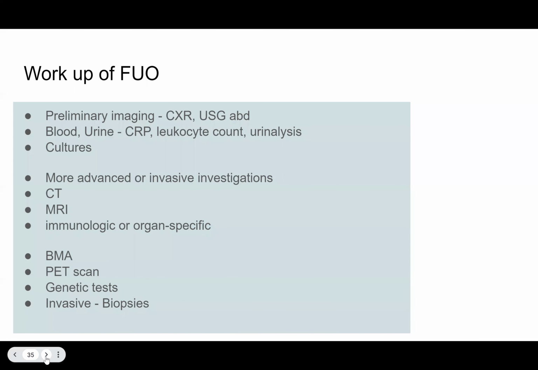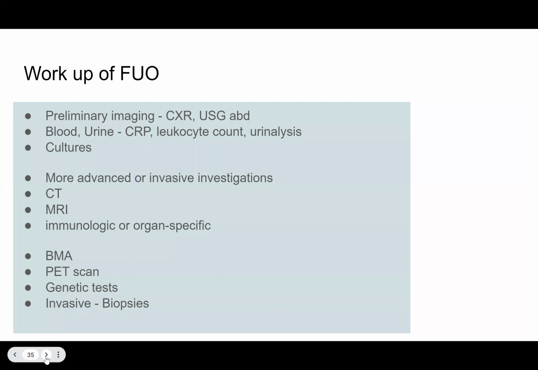So in the workup, for preliminary imaging we will do only a chest x-ray or an ultrasound abdomen, or if we have any suspicion of an area, for example osteomyelitis of some area, we will go ahead with cultures and all. But initially for every other child, only the basic investigations: CRP or complete blood count, urine analysis and cultures.